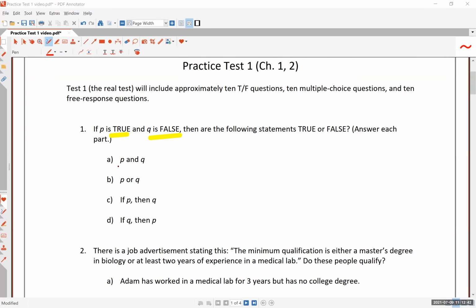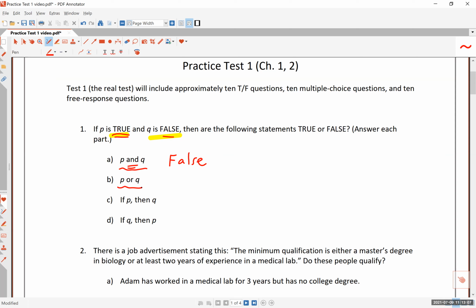For P and Q, this is the combined statement called a conjunction, because it's an and statement. For this to be true, both P and Q have to be true. Because P is true and Q is false, this is false.